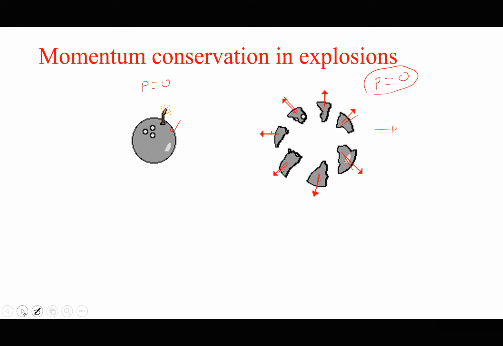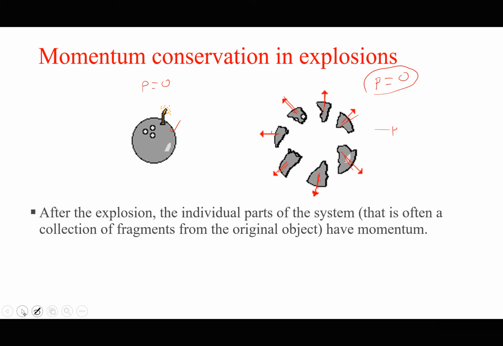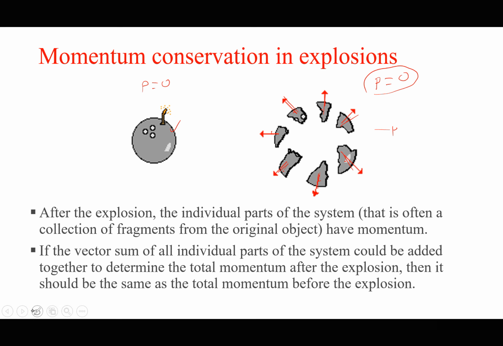So after the explosion, the individual parts of the system, that is often a collection of fragments from the original object, have momentum. And if the vector sum of all individual parts of the system is added together to determine total momentum after the explosion, then it should be the same as total momentum before the explosion.